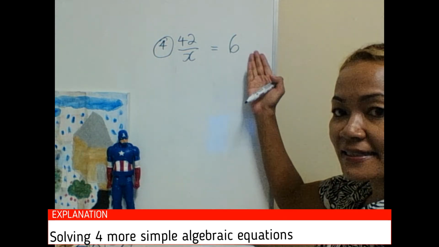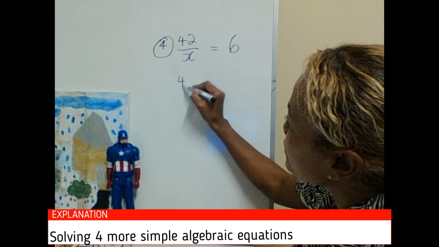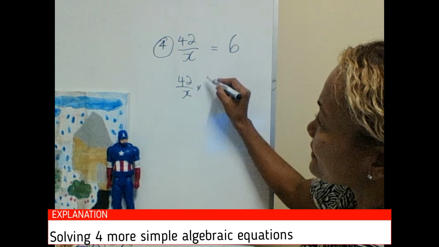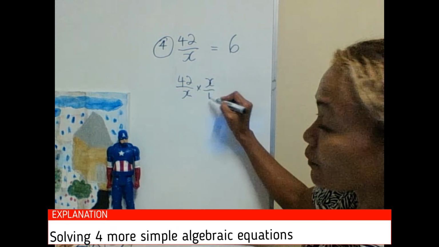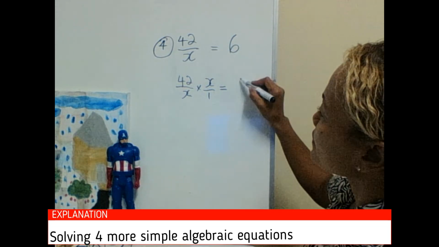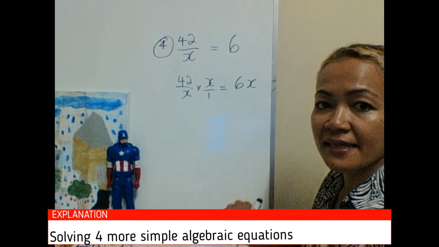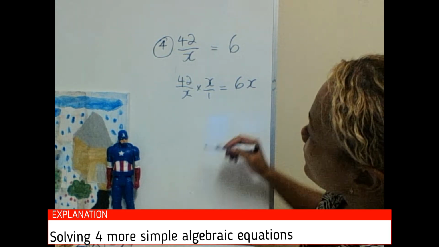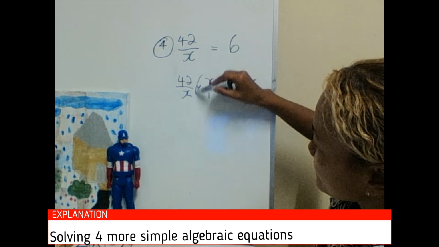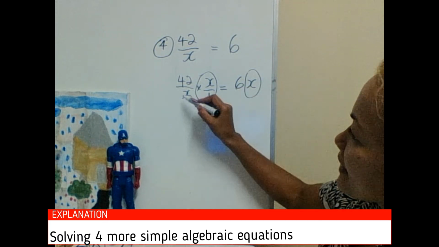And then it of course takes the x onto the other side. So 42 divided by x times x, which means it's x over 1, right, is equal to 6 times x, which is the same as saying 6x, right? So I've multiplied by x on both sides. Multiplied by x, multiplied by x.